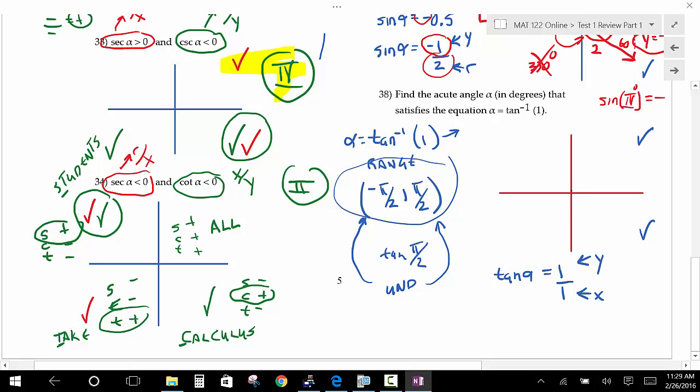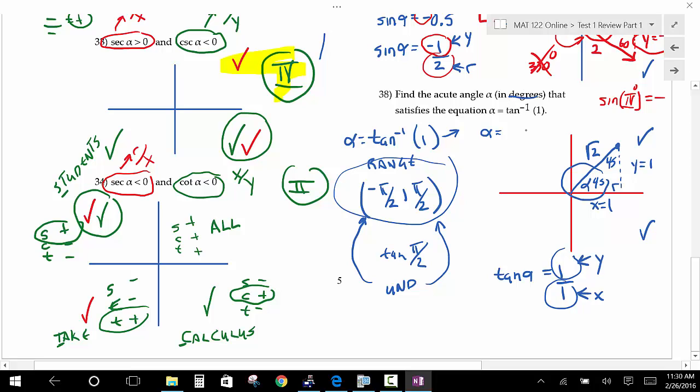If you make a reference triangle going straight down the x-axis, you could think of this being your angle alpha. Y would be 1 because it's given, and x would be 1 because it's given. That's the 45, 45 triangle, where the radius is square root of 2. So the answer to the angle would be 45 degrees.